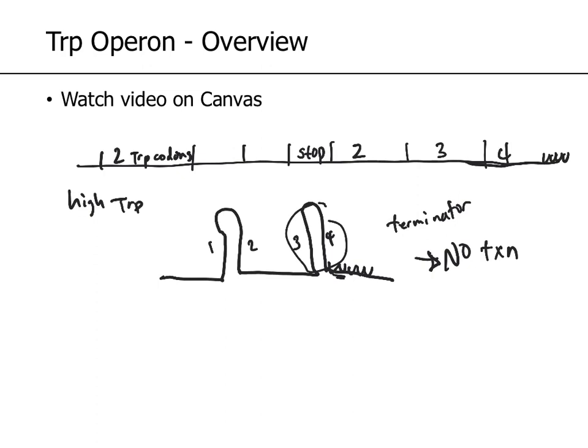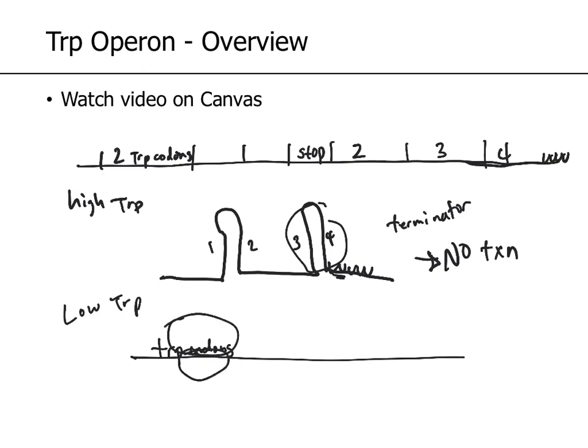In the case where there's low tryptophan, you have the two trp codons here. The ribosome is going to come and sit here, and partially region 1 is in here as well. You're imagining this is happening at the same time as transcription, right?